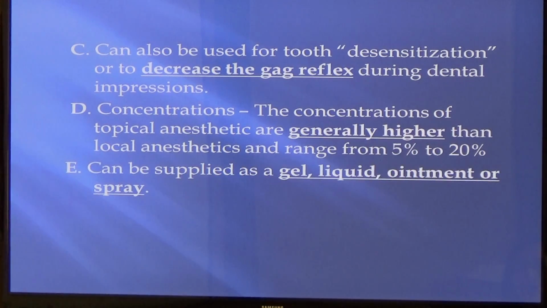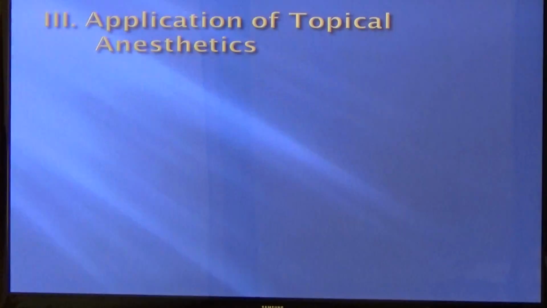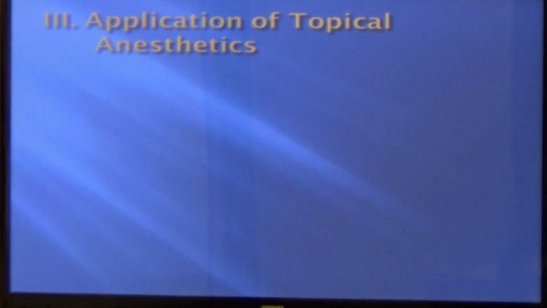It can be supplied in a gel, liquid, ointment, or a spray. Arceticane is a spray, tastes nasty. Hurricane is another spray, you just spray it back there in the area, but that just goes all over. Patients really hate that. And then there's a gel or a cream, and this is the one that we normally have, this kind of gel. They just dip a little Q-tip in there.